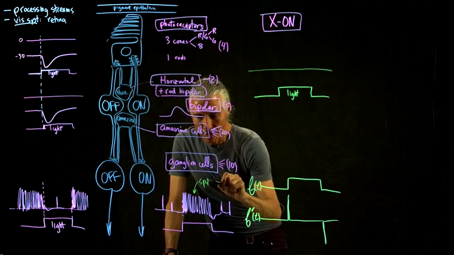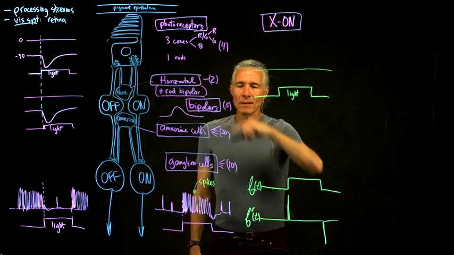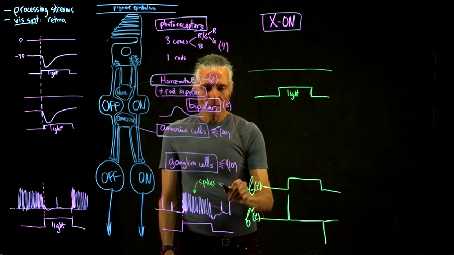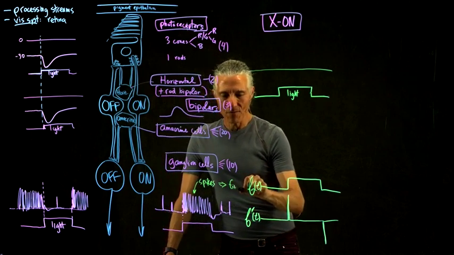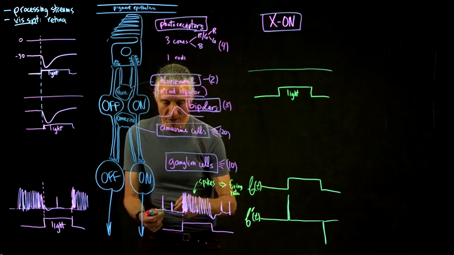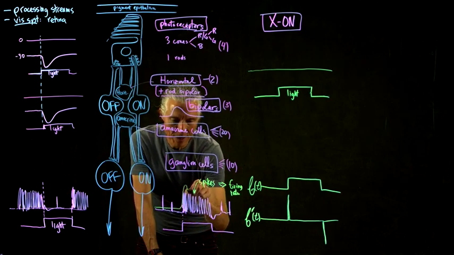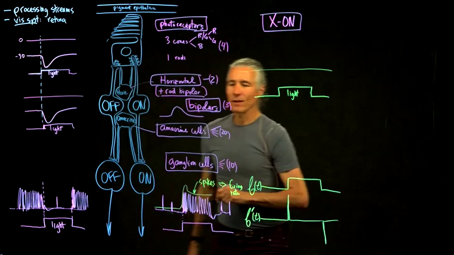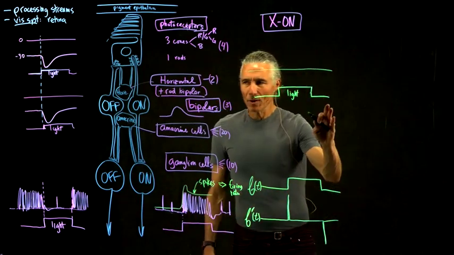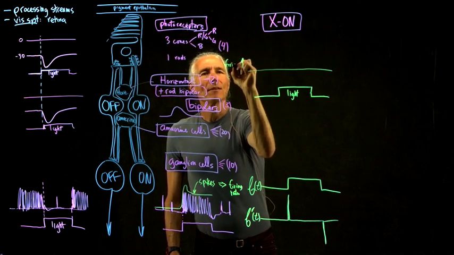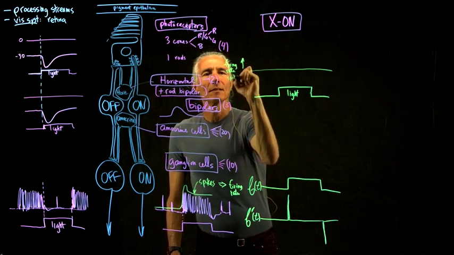But a lot of times, in order to quantify this, we change over to firing rate. So I'm going to draw firing rate. You could turn this graph into a firing rate graph. It would be a low firing rate here, then a high firing rate here, and then a less high firing rate there. So that's what I'm drawing over here: the firing rate, or spiking rate, in spikes per second.